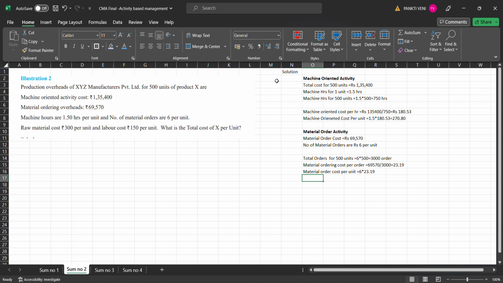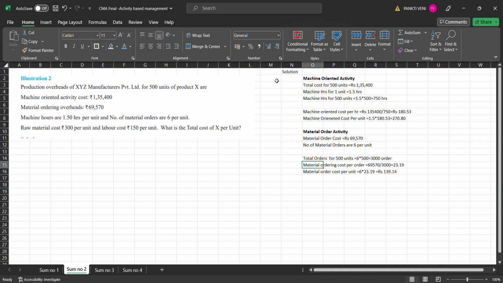So I'll get rupees 139.14. So I had material ordering cost, total cost 69,570. Number of material orders are 6 per unit. 6 orders for 1 unit. So total orders for 500 units, 3000 orders.